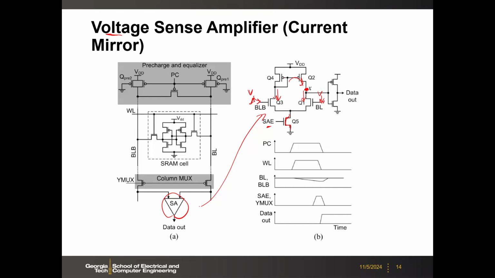So you always need the reference. In SRAM, naturally you have bitline bar, but if it's another memory with only one bitline, you need another reference voltage here. Or in the DRAM case, you borrow it from elsewhere, depending on the architecture. With open bitline, for example, you borrow from the adjacent array. So you need the reference.